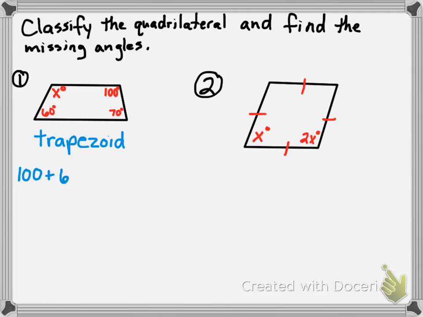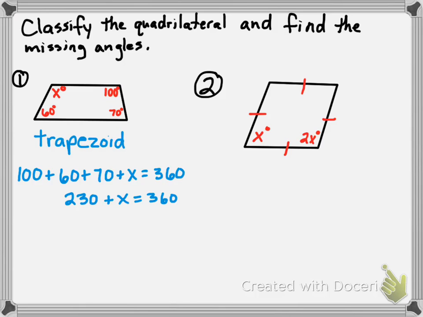I'm going to add up all four angles, excuse me. So I've got 100 plus 60 plus 70 plus x, and that should equal 360. So now I can solve. Well, 100 plus 60 plus 70 is 230. So 230 plus x equals 360.